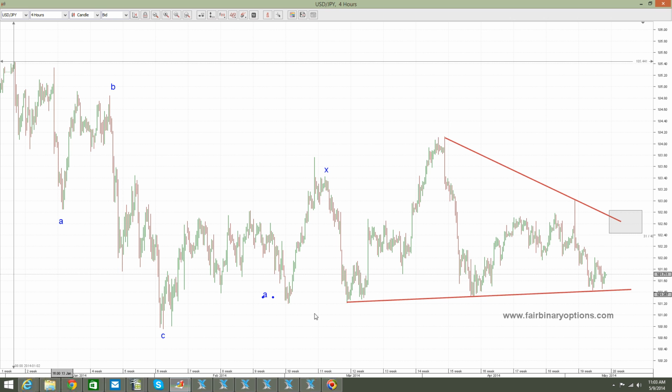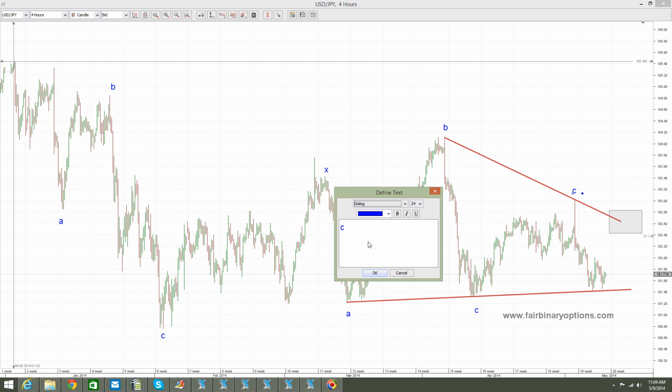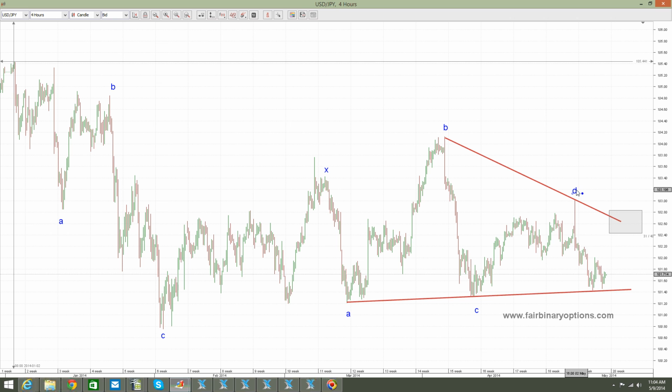And then this would be wave A, this would be the B wave, this would be the C wave, the D wave here, A, B, C, D, and the E wave here.